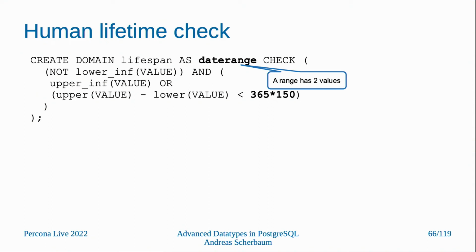So I create a domain, I add a check constraint, and I add this as a range, so I have a date range object here, which has two values, a start date and an end date. The start date can be not infinite, and the end date can either be infinite, so the person is still alive, because we don't have an end date set, or the end date set is lower than 150 years from now, right now.